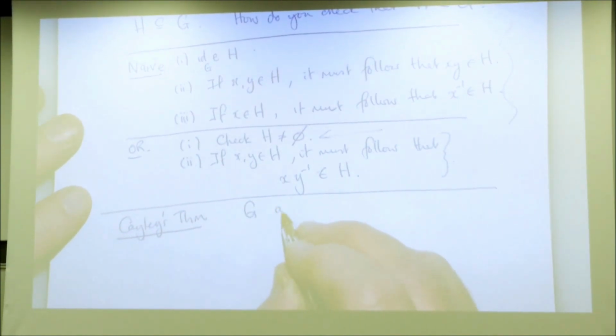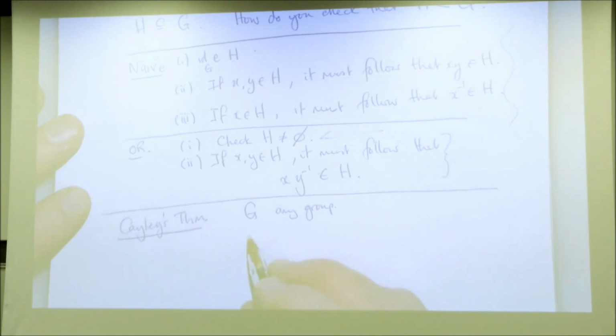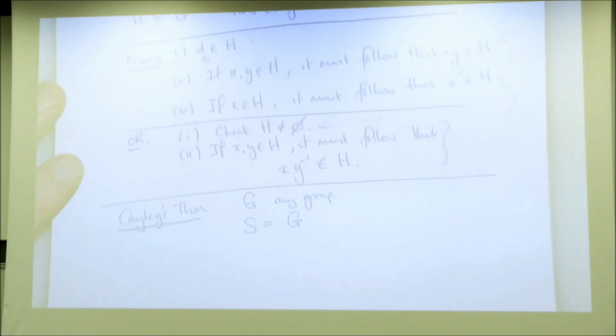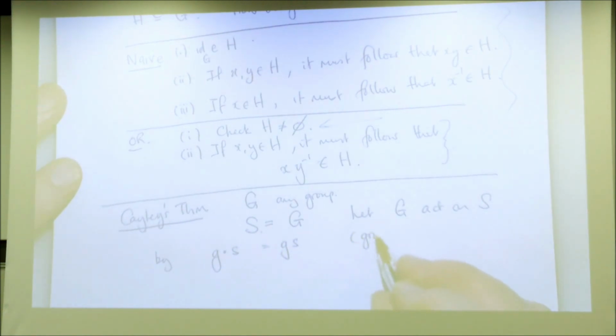So G, any group, introduce a set S, which is equal to G. Let G act on S by multiplying a group element by an element of the set, and it's just ordinary group multiplication.